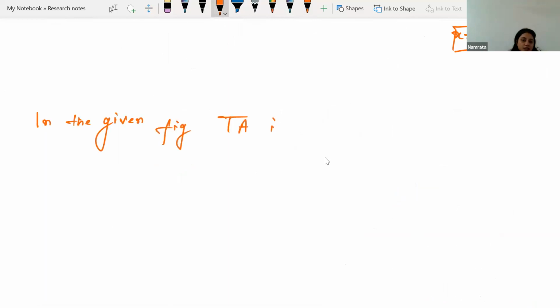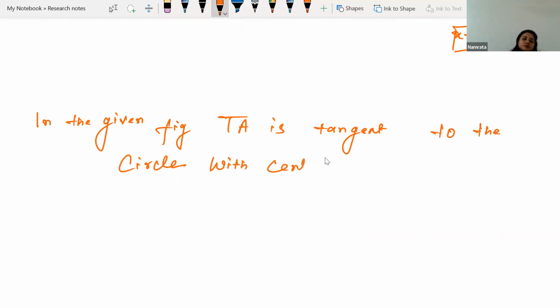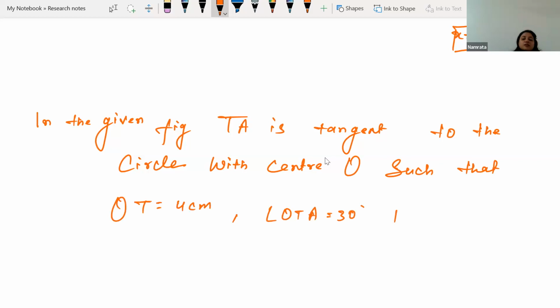TA is tangent to the circle with center O such that OT is equal to 4 centimeter, angle OTA is equal to 30 degree, then the length of TA.